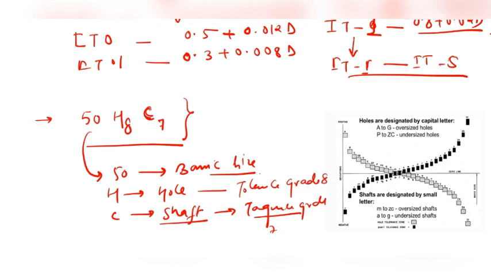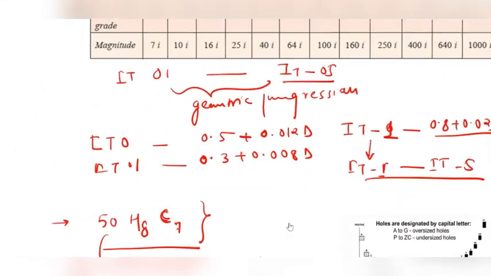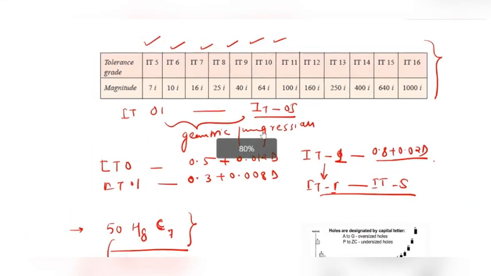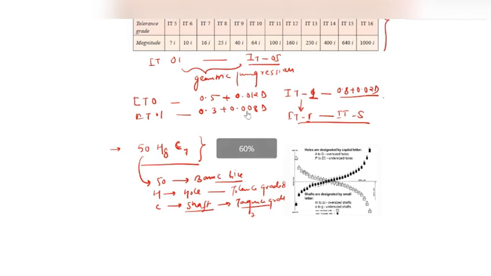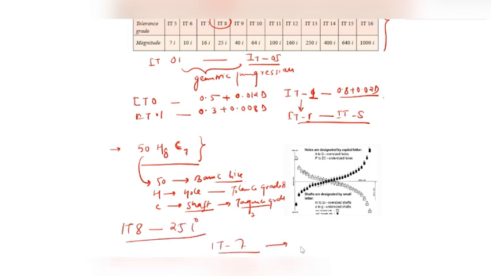So if we go and see this tolerance grade 8, it means that this is IT8. So IT8 will be given by 25I and IT7 for the shaft will be given by 16I. So this is the basic representation, and this H8 and c7 we can see from this diagram.